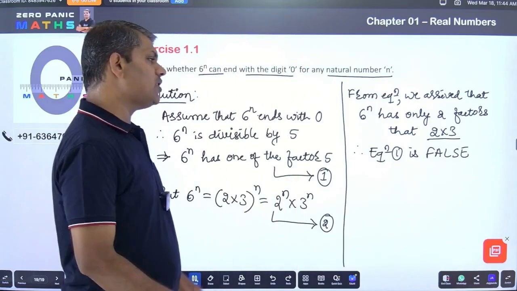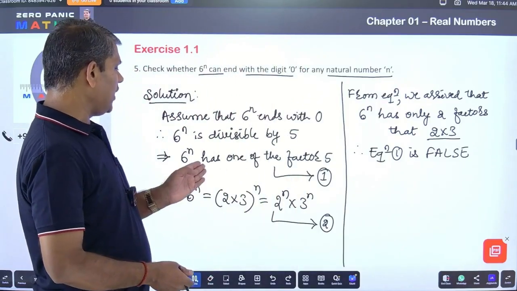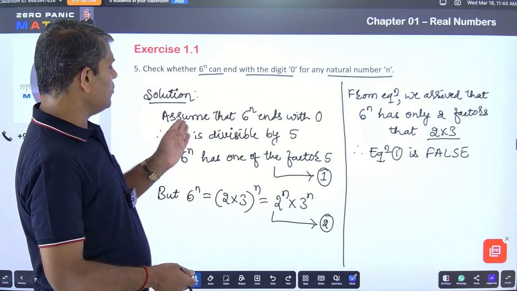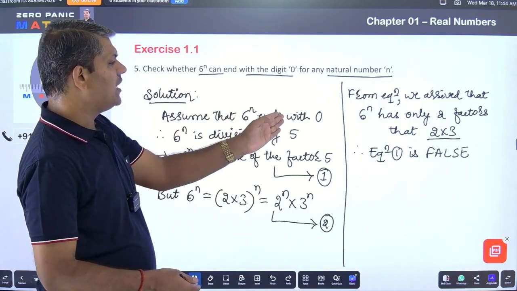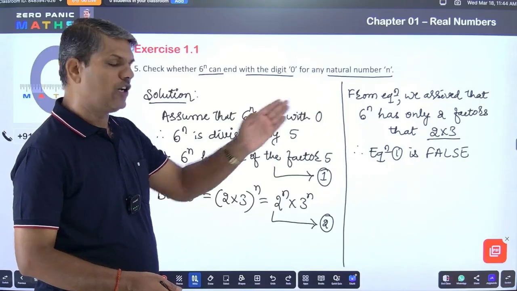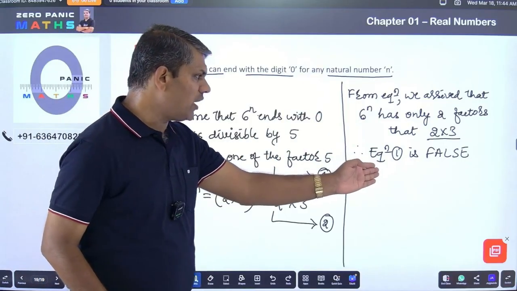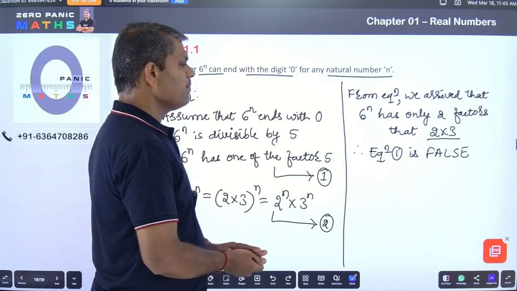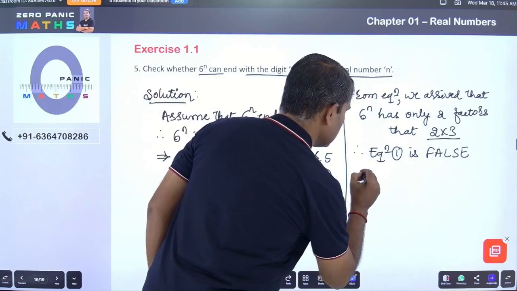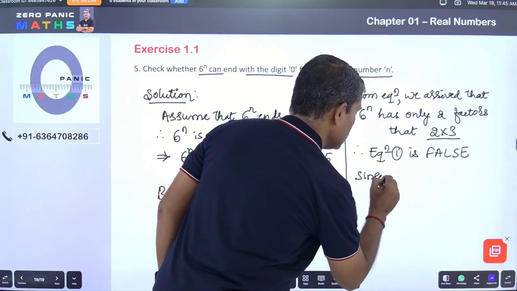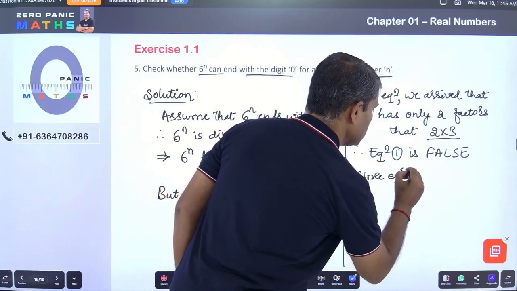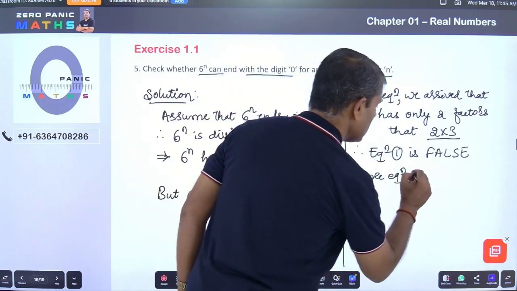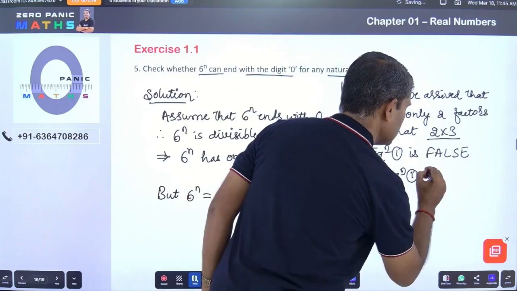Now since equation 1 is false, how did we achieve equation 1? By assuming that 6 to the power of n ends with 0. So since equation 1 is false, the assumption itself is false.